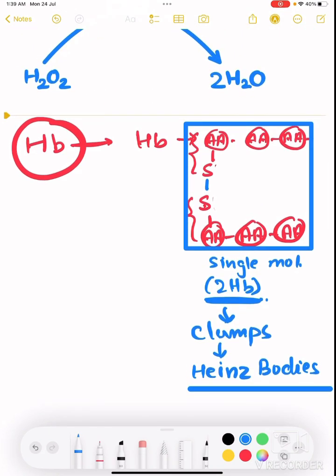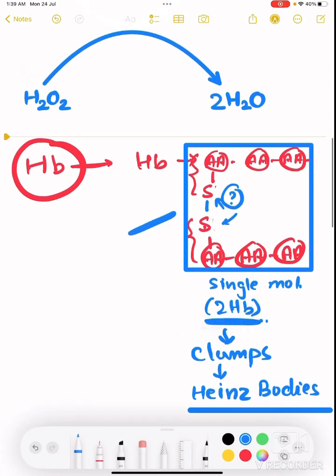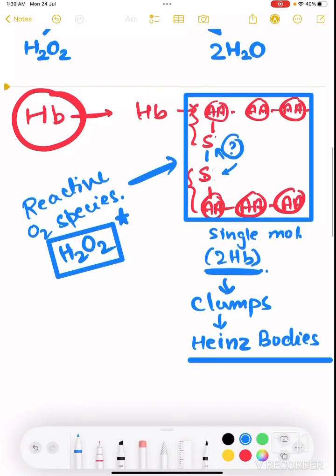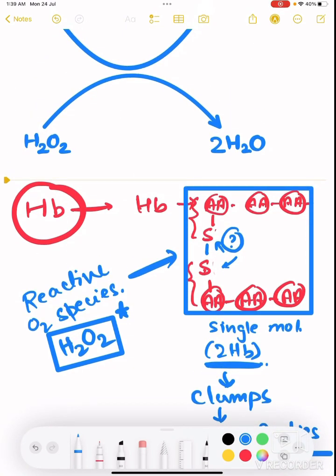Now the question is, why will a hemoglobin molecule remove the hydrogen atom from its SH group, and another molecule do the same, to form a bond between them? The answer is reactive oxygen species, just like H2O2. H2O2 is the main culprit. We all know that H2O2 is an oxidizing agent.